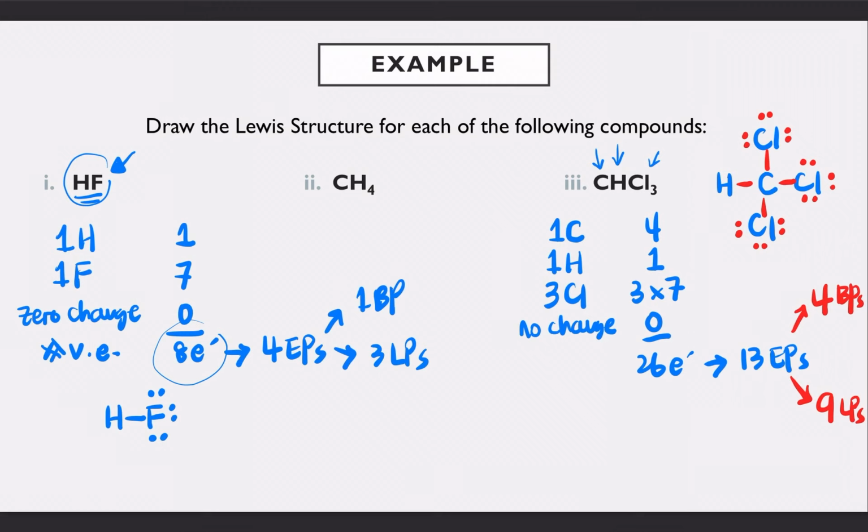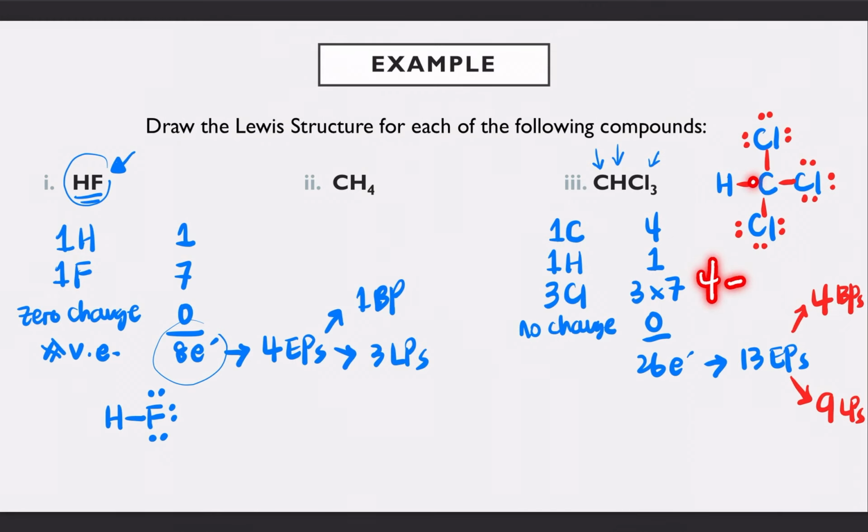Okay, so if we check, okay, our chlorine already has 1, 2, 3, 4, 5, 6, 7, 8 electrons around it. So each of the chlorine is already octet, hydrogen is already duplet. Alright, so check also our central atom. Central atom, the formal charge will be the number of valence electrons it is supposed to have, it is 4, minus how many electrons around it?